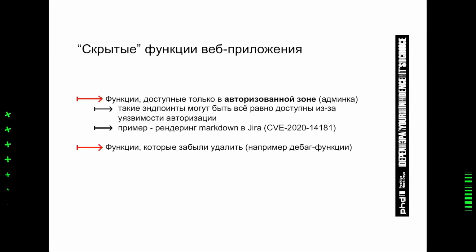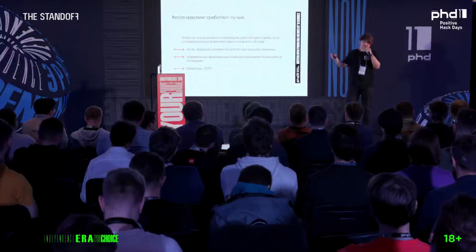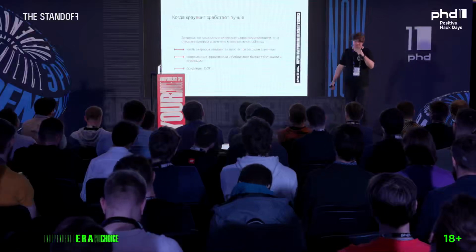In rendering Markdown in Jira, you also go through that endpoint, and you could leak, take away user emails. If you don't have login, you don't see it in the UI, you see it in JavaScript. Or a function that somebody forgot to delete.